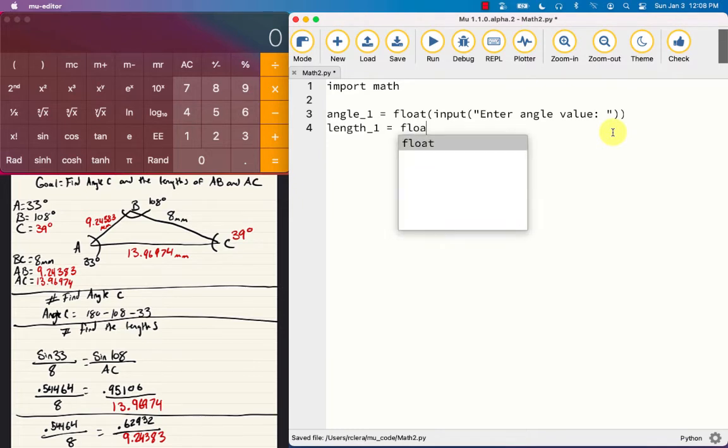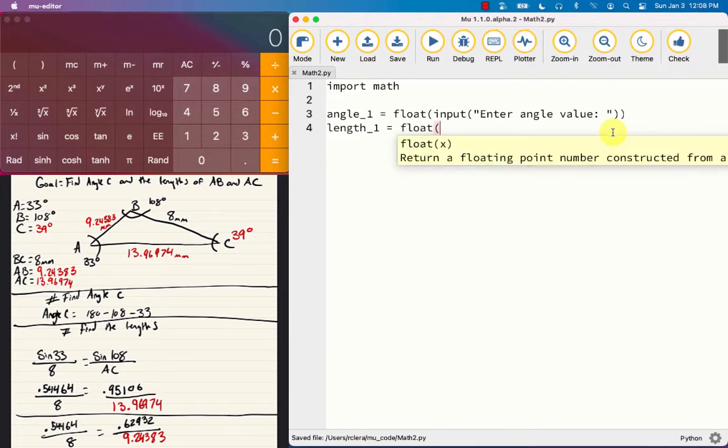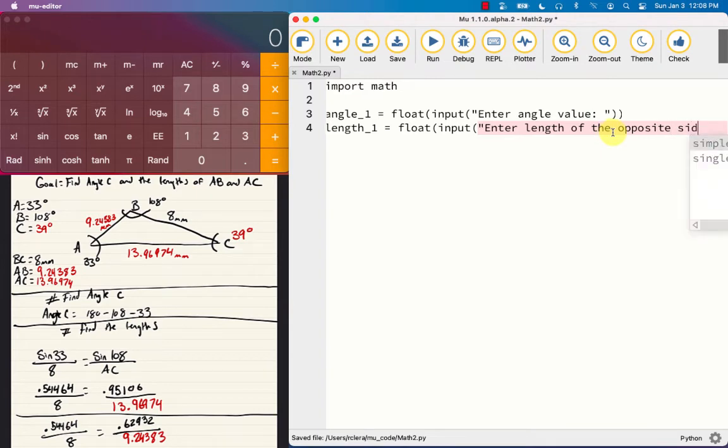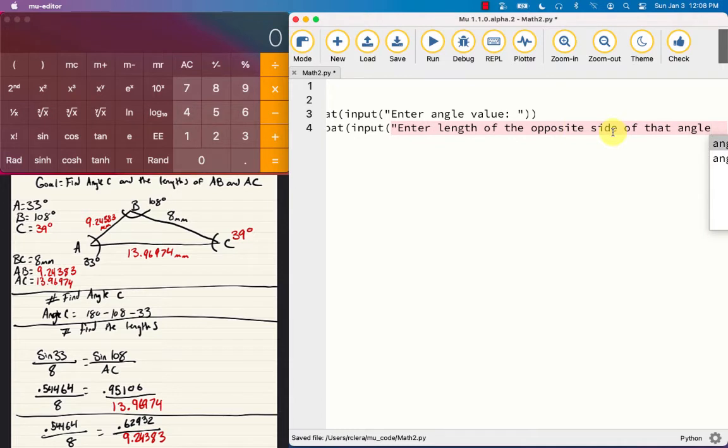So let's say float input. We want to be specific here, so enter length of the opposite side of that angle.